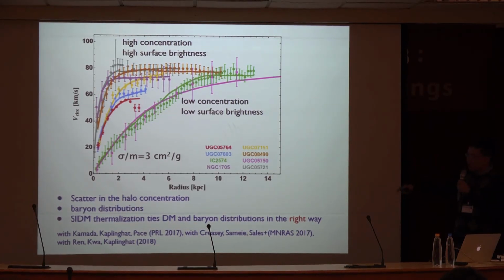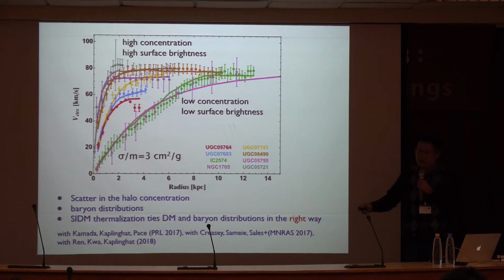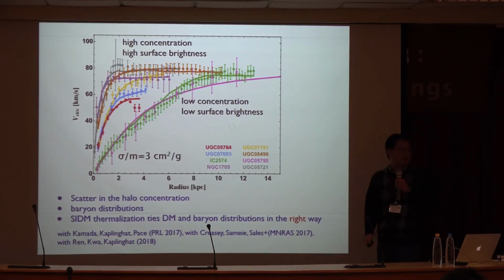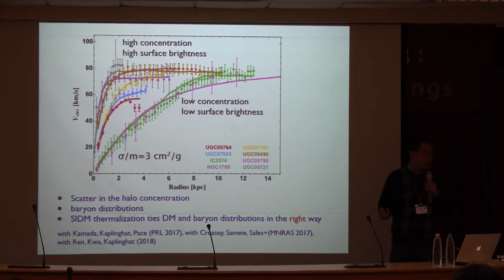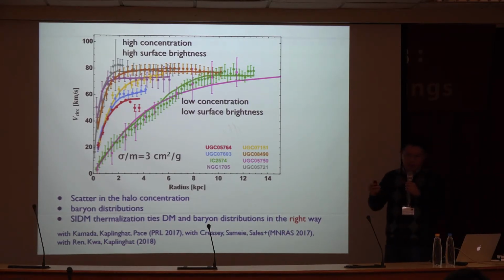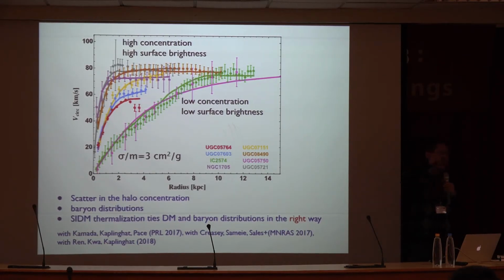If we go through the 135 galaxies, it looks like for the galaxies in this region, most of them, like 90% of them, are high surface brightness galaxies. There are some low surface brightness galaxies that actually don't have a lot of matter in the central region, but the rotation curve can go high very quickly. We explain this by the scatter in the halo concentration.